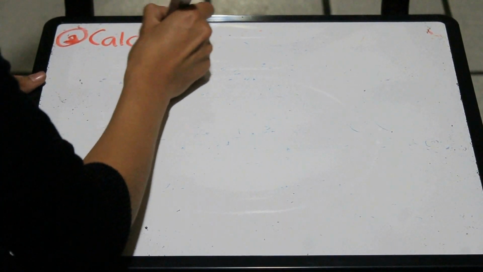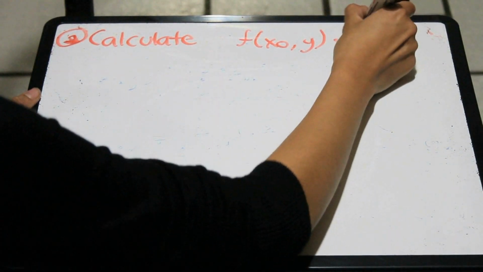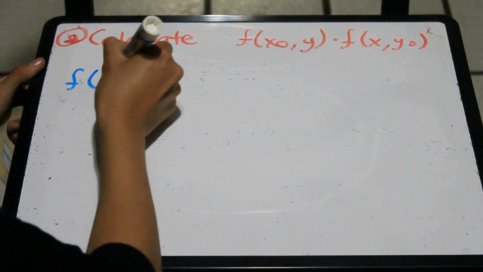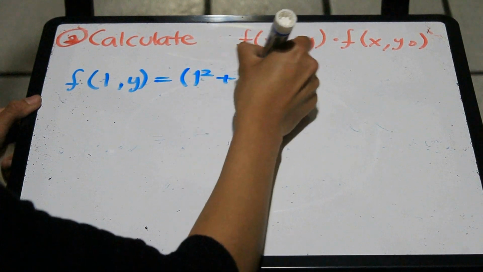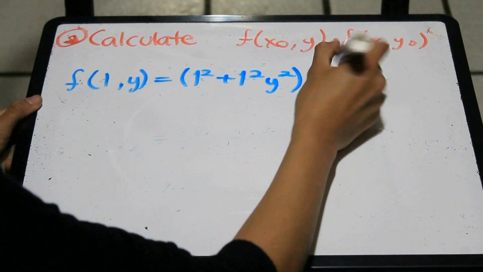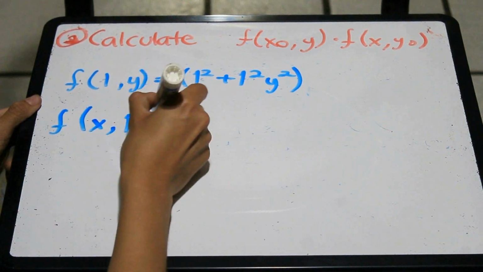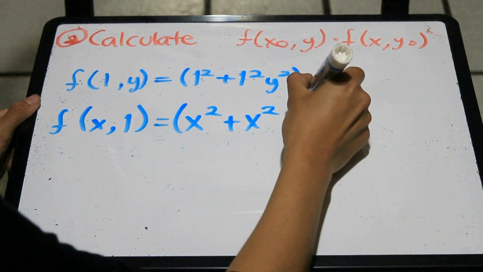Now let's calculate f of x0, y and f of x, y0, and since we know that x0 is 1 and y0 is 1, we can calculate these terms. Here I mean that x is worth 1 and y won't change. Within the function we change x for 1, so it will be 1 squared plus 1 squared y squared, that is f of 1, y.